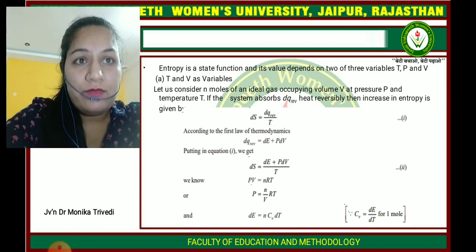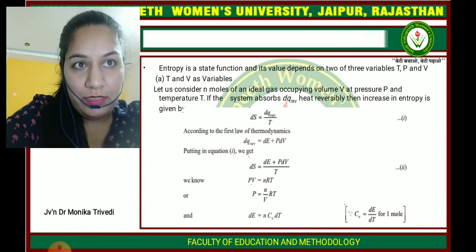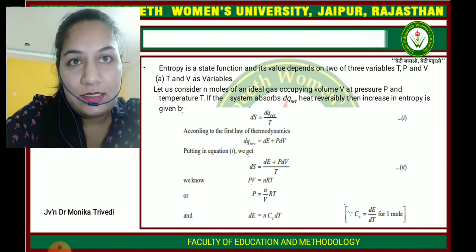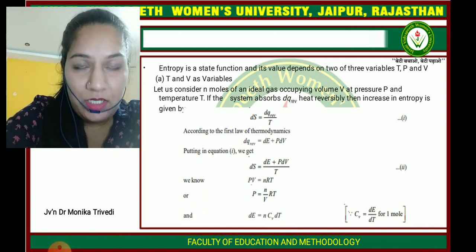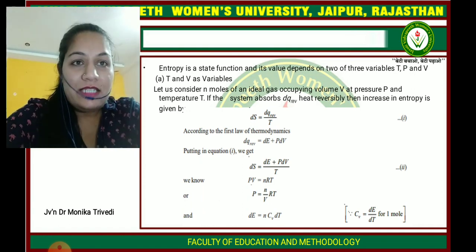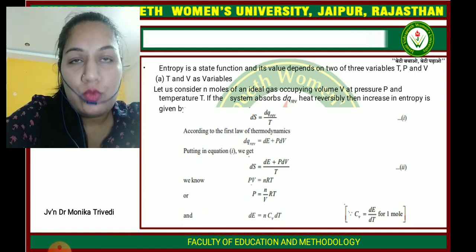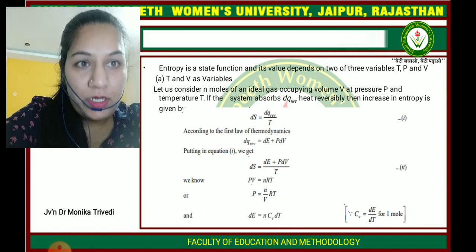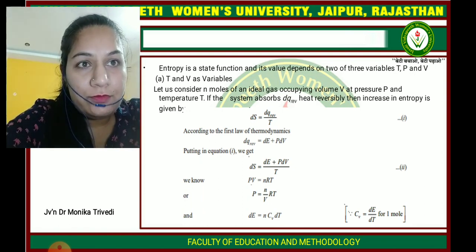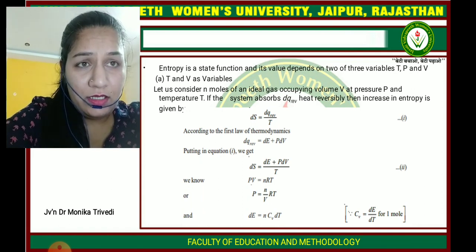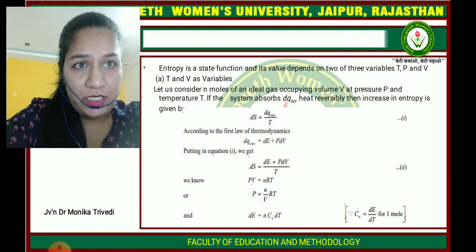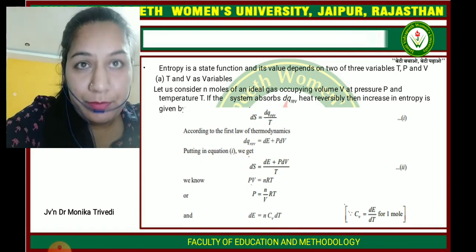So if we put the value of dq reversible in equation 1, we get dS = (dE + P dV)/T. As we know, PV = nRT, so P = nRT/V. Then we put the value of P in the above expression.